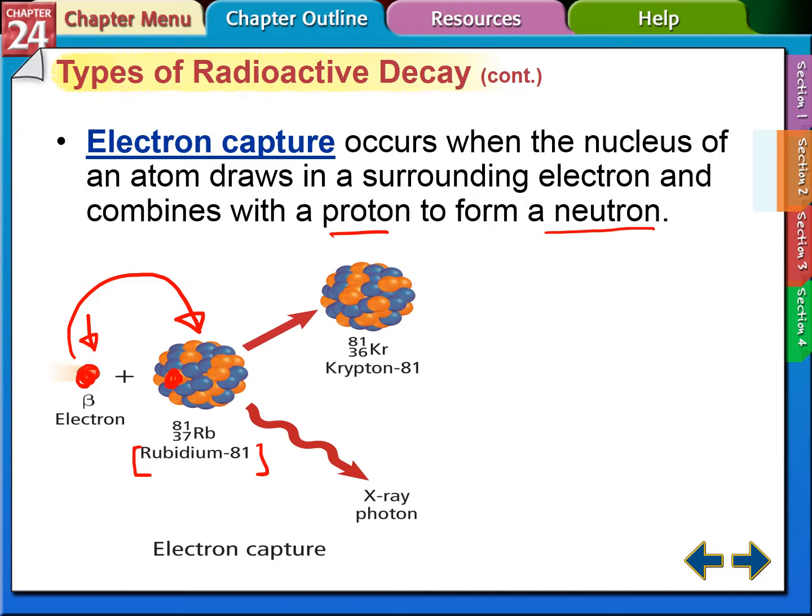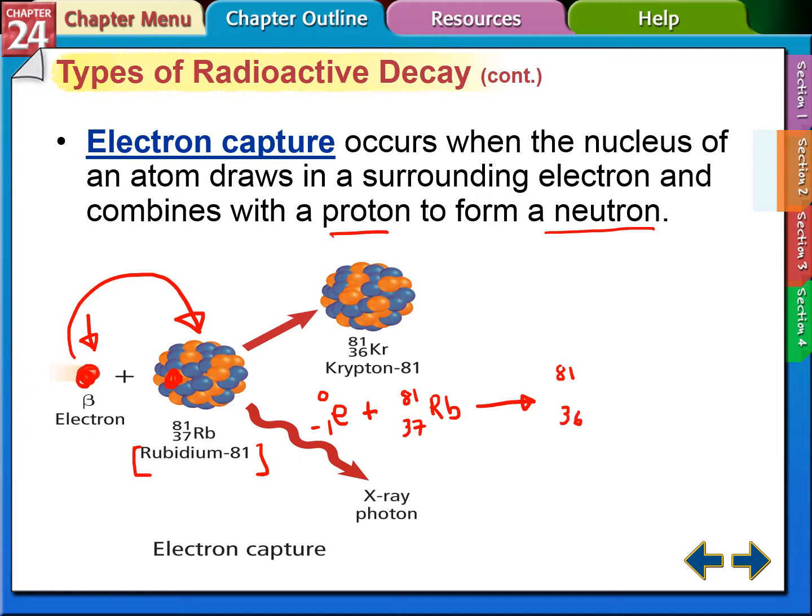If we write the nuclear equation of this example, the electron has the symbol e, mass number 0, charge -1, plus rubidium-81, mass number 81, atomic number 37, Rb. This will give us 0 plus 81, which is still 81, and -1 plus 37 gives us 36.